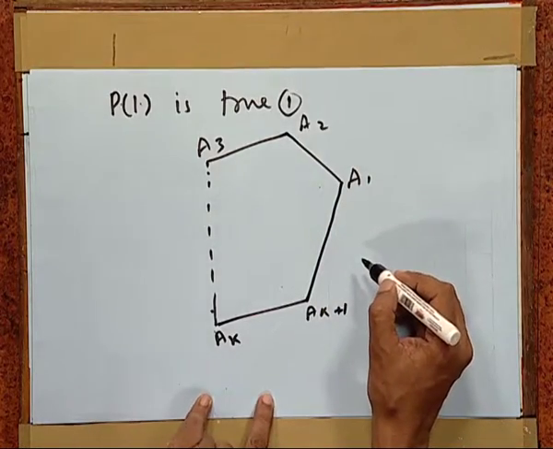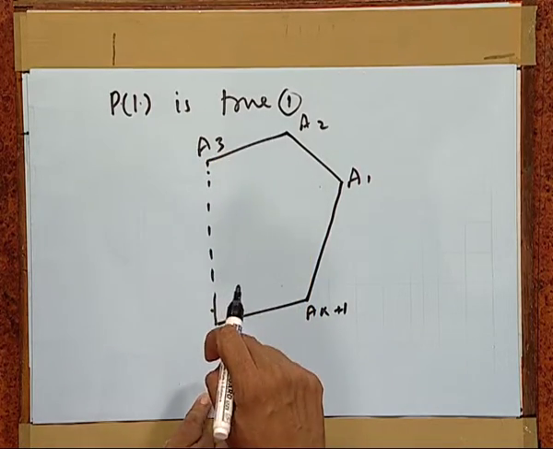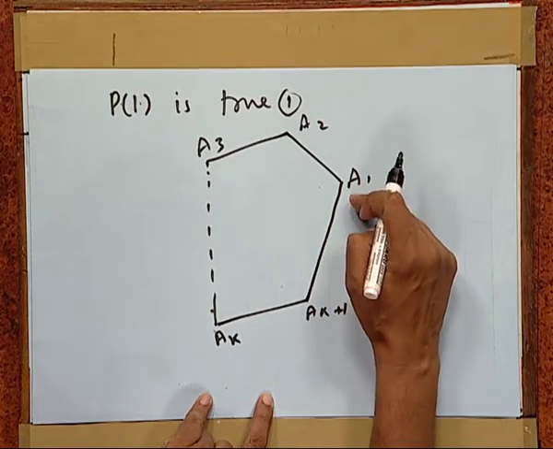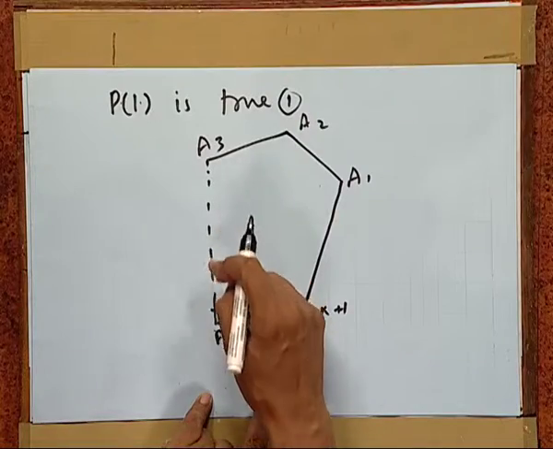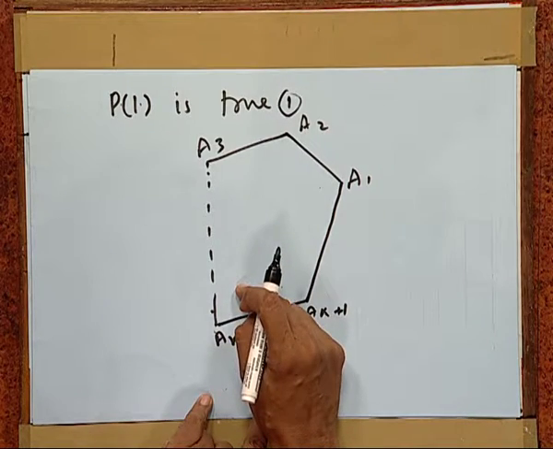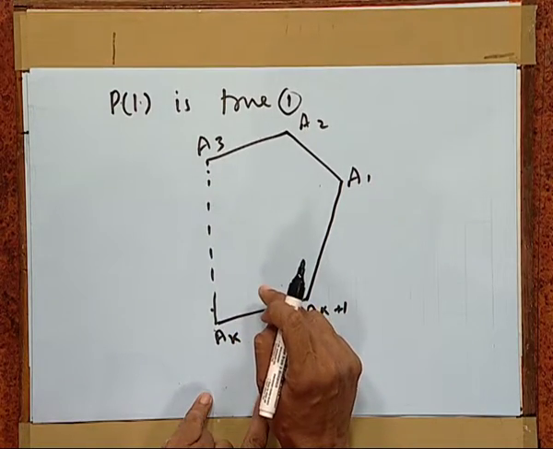So, before us we have a polygon having k plus 1 sides, namely A1, A2, A3 and so on up to AK, then AK plus 1 and AK plus 1 A1. Here the dotted lines indicate the missing sides, which cannot be shown in a diagram. In fact, this dotted line indicates the sides A3, A4 and so on up to AK minus 1, AK.